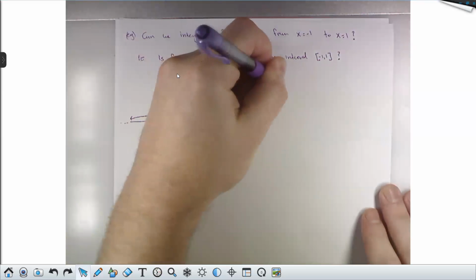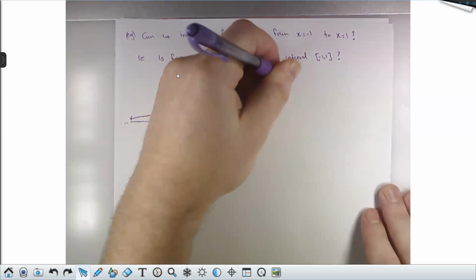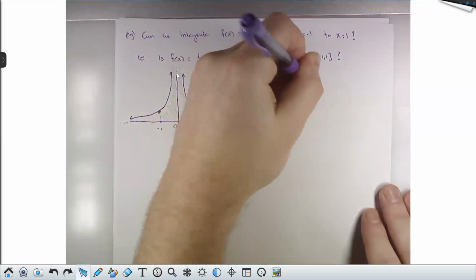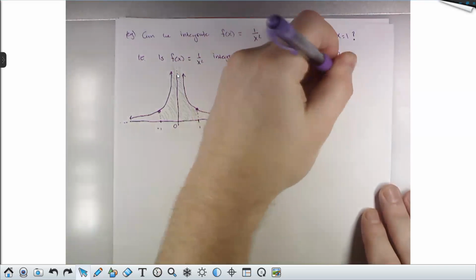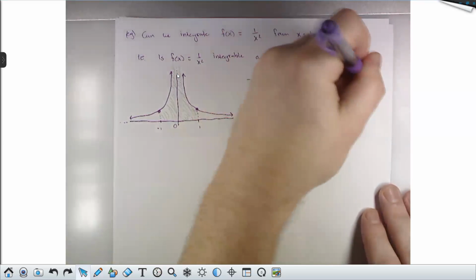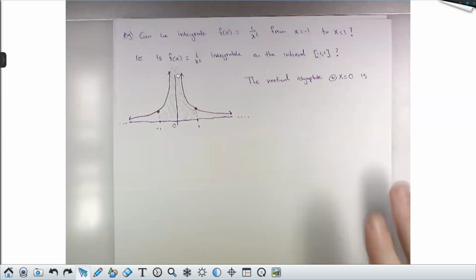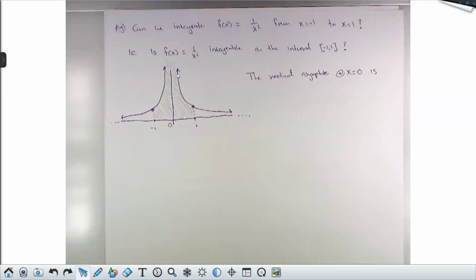The vertical asymptote at x equals 0 is what kind of discontinuity? Do you guys remember back when we were talking about how to classify discontinuities in section 2.5? What kind of discontinuity does this function have at 0?